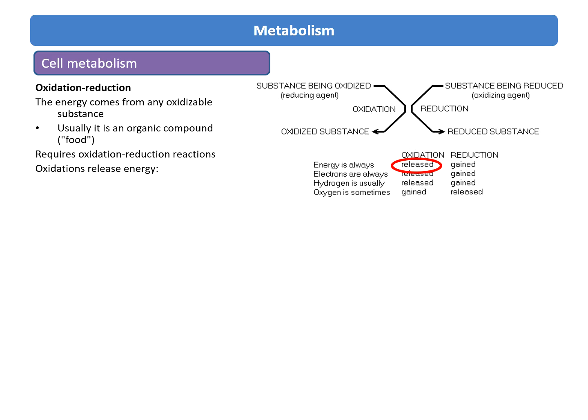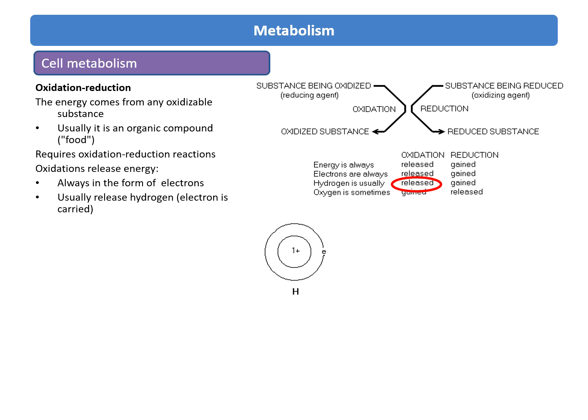Oxidations release energy. They always release the energy in the form of electrons. Usually the energy is released as a hydrogen atom, because remember, hydrogen has 1 electron, and so the hydrogen is the carrier for the electron.